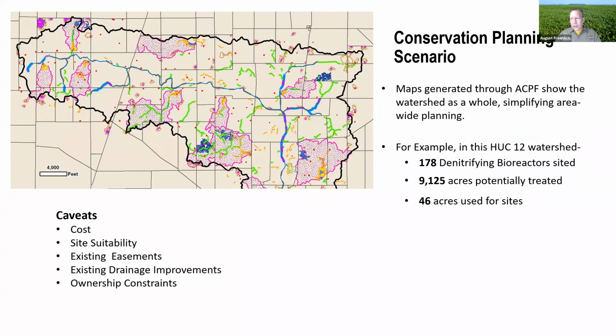And that land could actually be in non-crop producing use right now. But issues of cost and site suitability, the existing easements that may or may not be on the land, the tool is oblivious to that. So these things need to be reviewed and vetted by, again, humans.